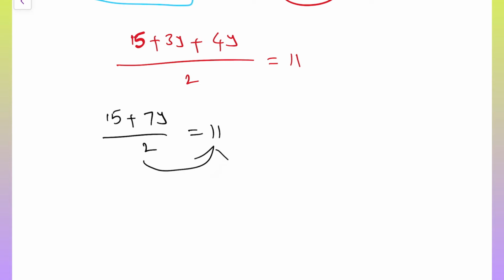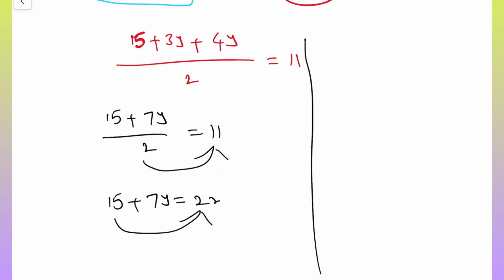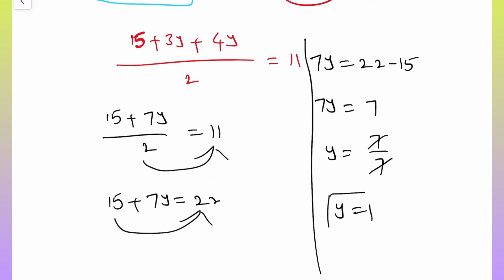Take this denominator to the right side. 15 plus 7y equals 11 2s are 22. Take 15 also to the right side, then it will become subtraction, right? So 7y equals 22 minus 15, 7. Then y equals 7 by 7, 7 7 cancel, y equals 1.